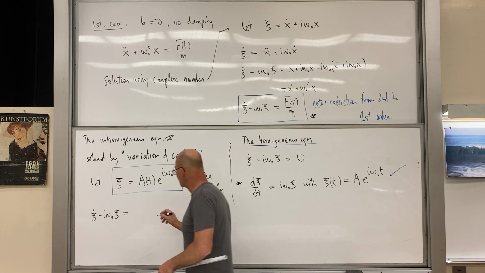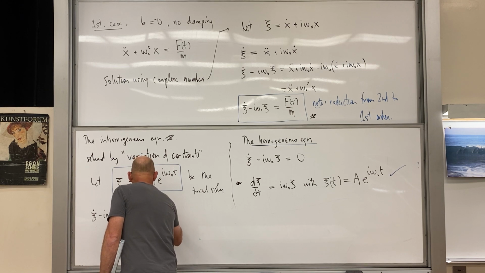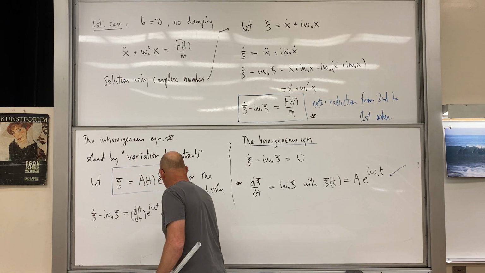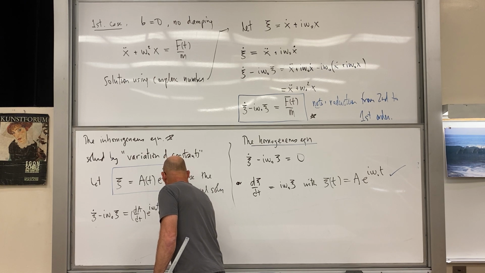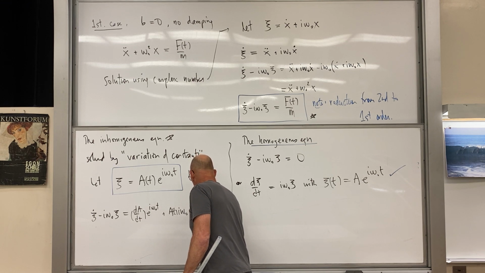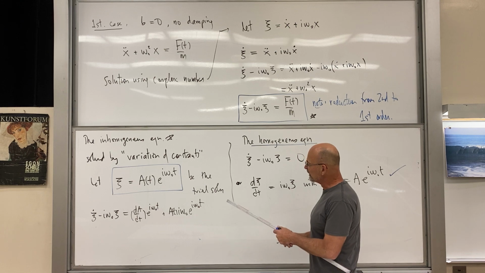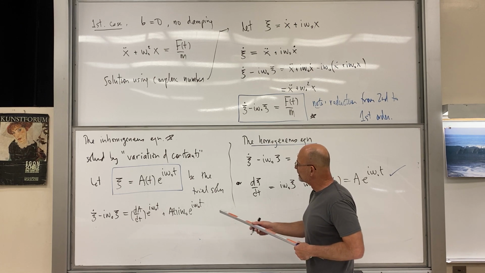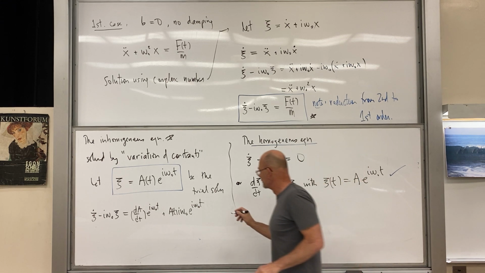It's equal to dA/dt e to the i omega naught t plus a of t i omega naught e to the i omega naught t. And that is supposed to be equal to f of t over m.